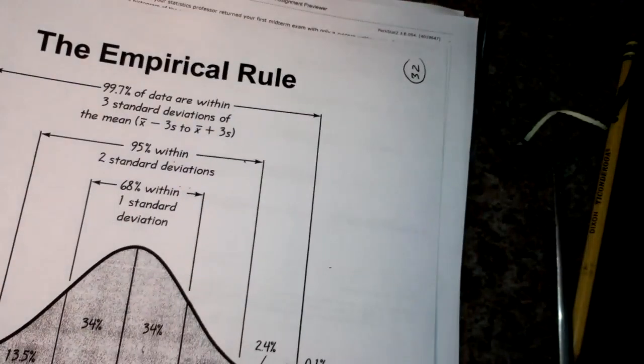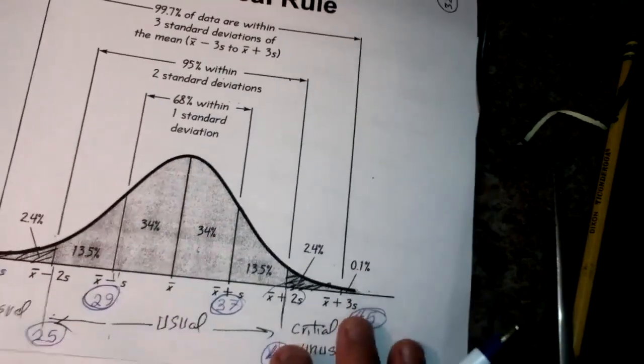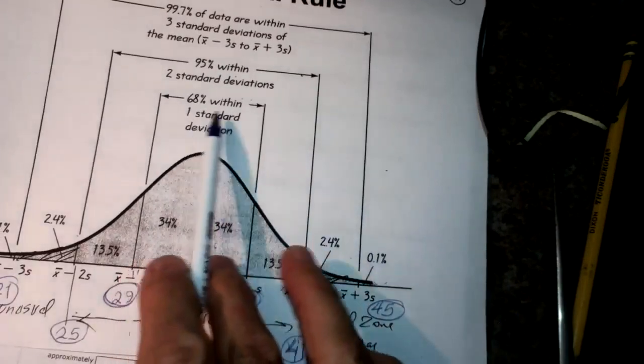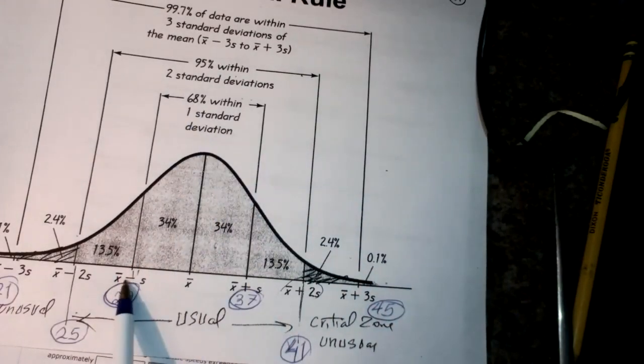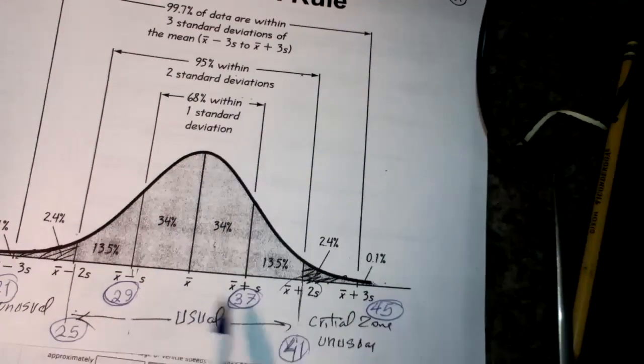See, I'll put those numbers here. The empirical rule claims that 68% of data fall between sample mean minus 1 standard deviation and sample mean plus 1 standard deviation, which in our calculation for that example is 21 to 37.